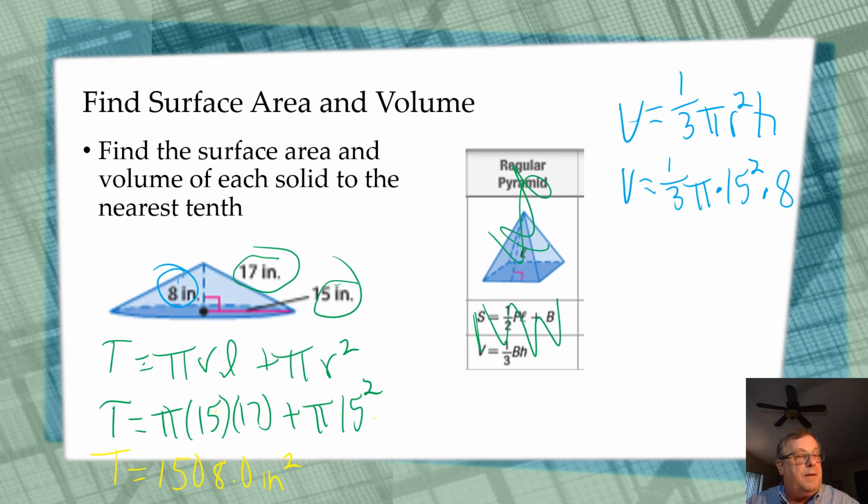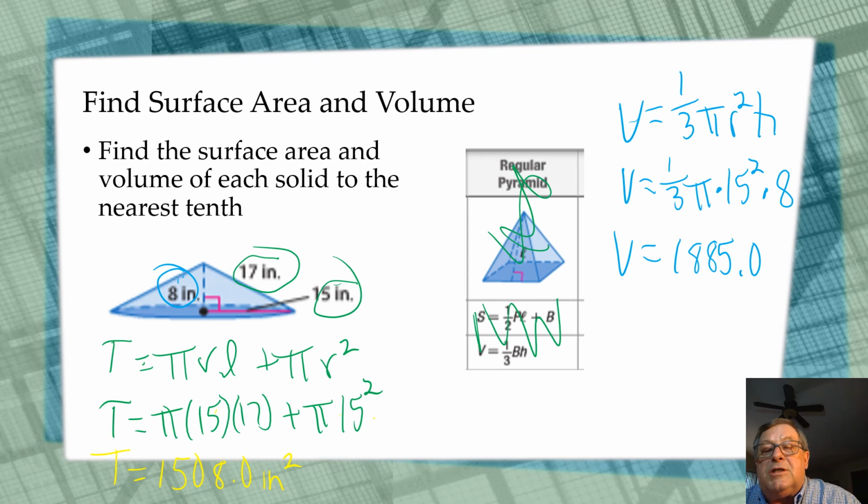And since we're multiplying that by 1/3, I can just divide that by 3, same as multiplying by 1/3, and my volume is going to equal 1885.0, because I got 1884.9.